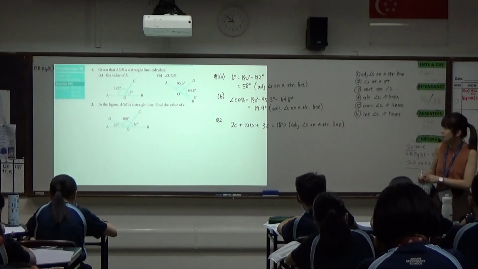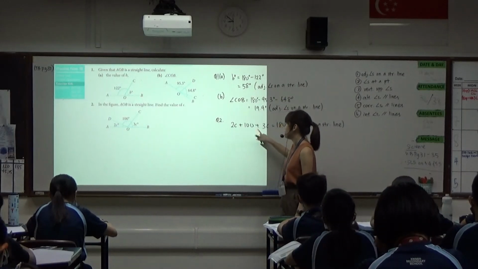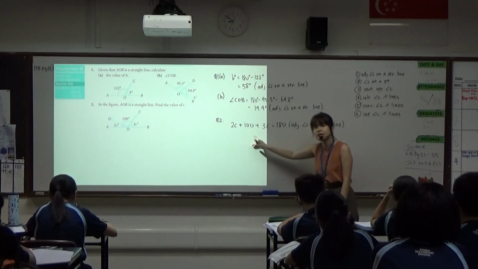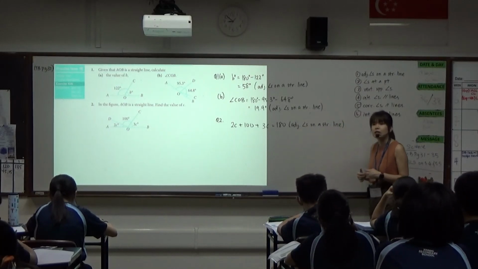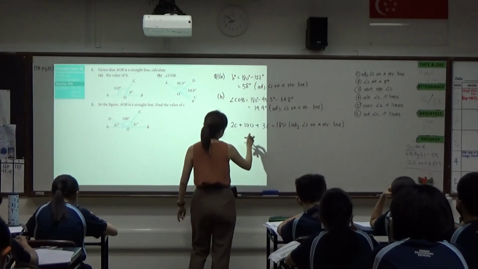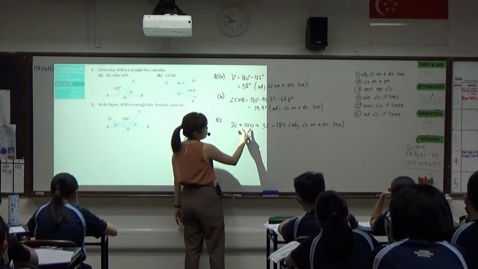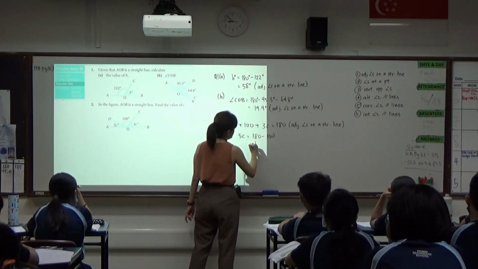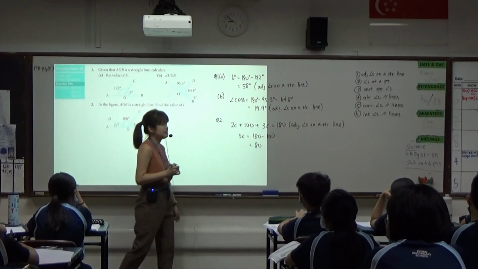By the way, I did not actually put in the degree sign since I'm writing an equation over here. So when you're writing an equation, it is not necessary to put in your units. So with 2C plus 3C, we get 5C. 100, we can bring it to the right side. 180 minus 100 gives us 80.